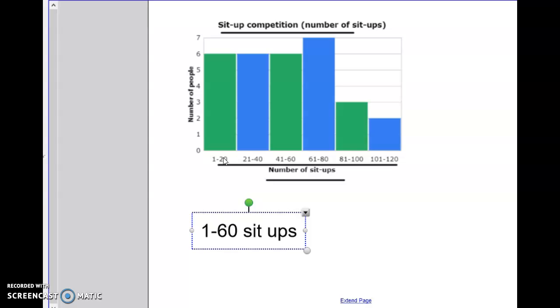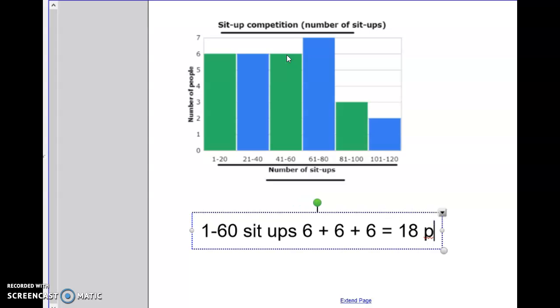We do know that they fall anywhere in the interval of 1 to 20. 6 people did 21 to 40, and 6 people did 41 to 60. So if we add all of those frequencies of people up, we would get 18 people. 18 people did anywhere from 1 to 60 sit-ups.